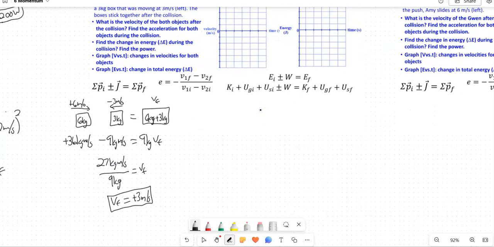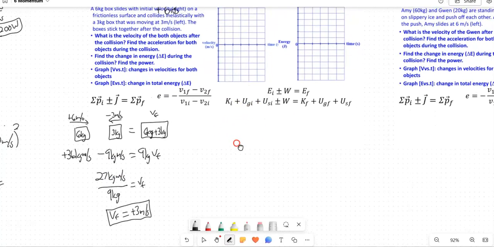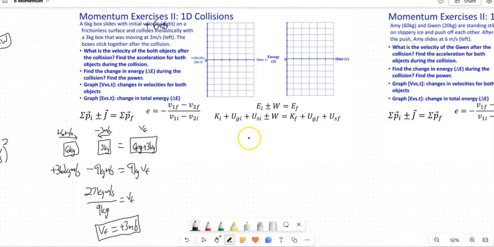Let's go ahead and plot the energies now. Their potential energy in these problems isn't changing. They're not going up hills or any of that kind of stuff. So we're going to sum all the initial kinetic energies plus work, and we're going to sum all the final kinetic energies. And what we found out earlier, whenever there is an inelastic collision, there's a loss of energy. So let's see if that's true.